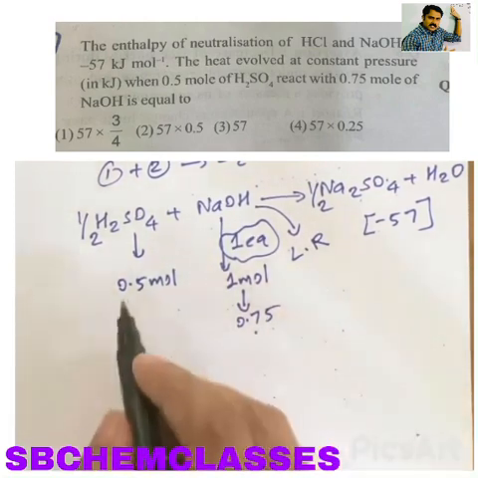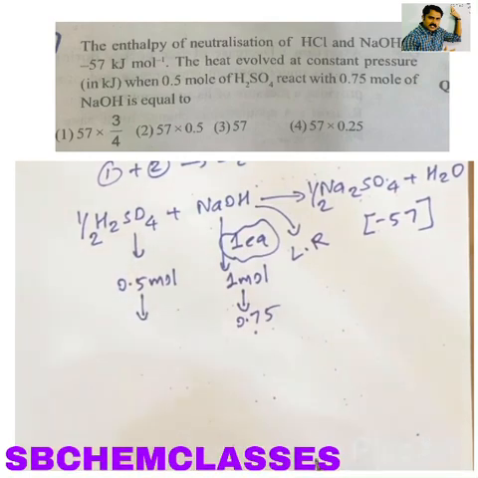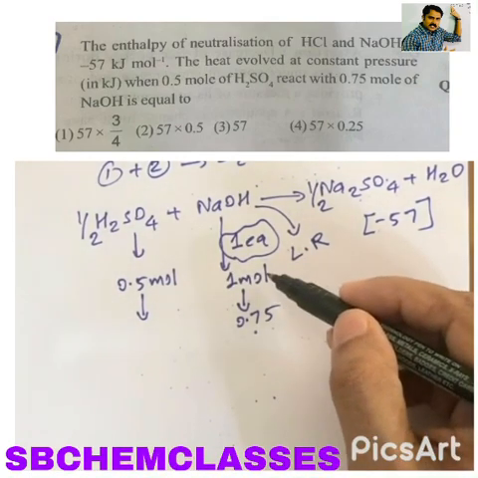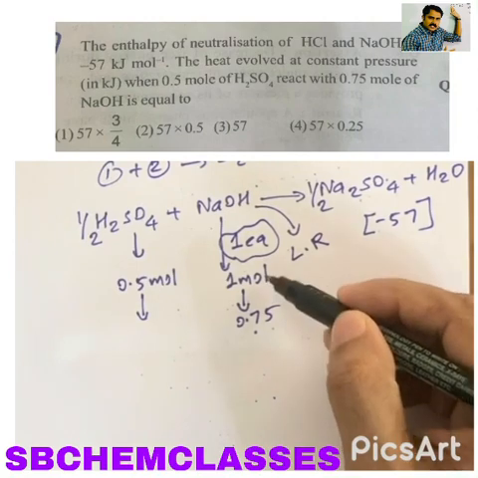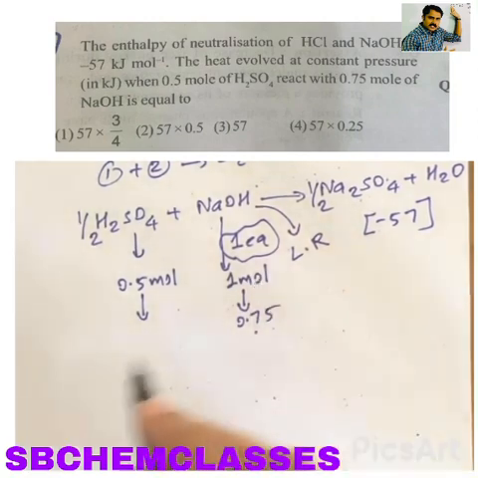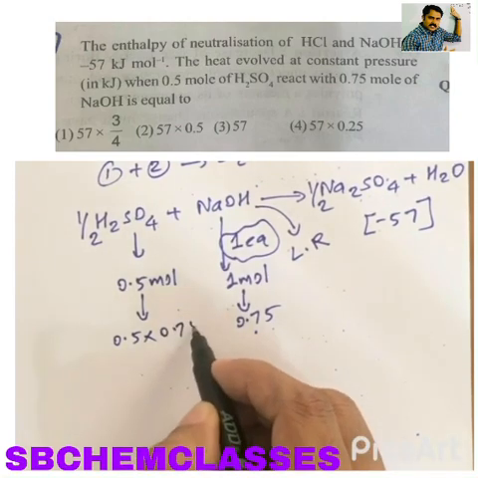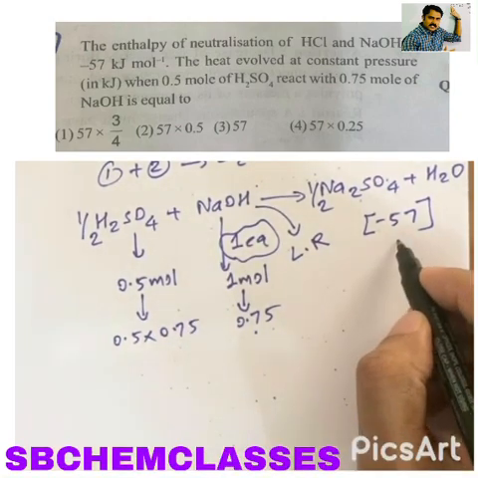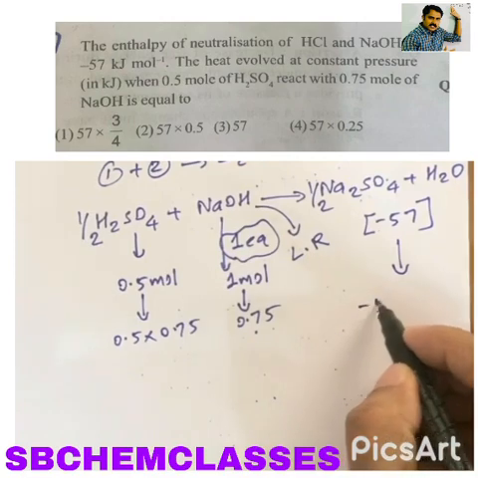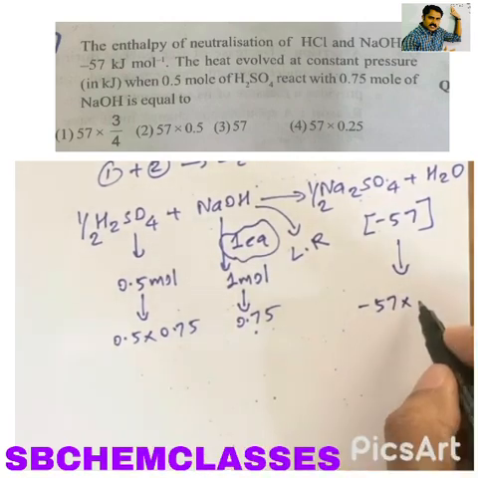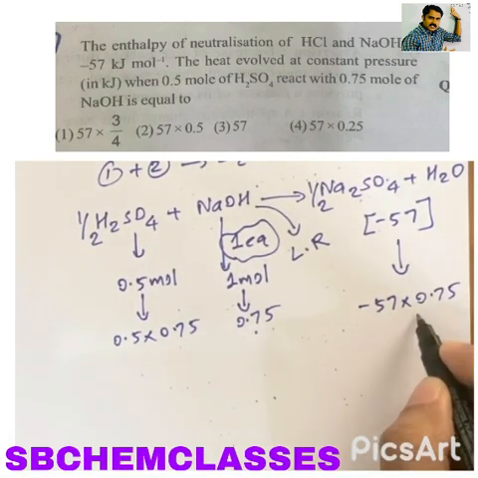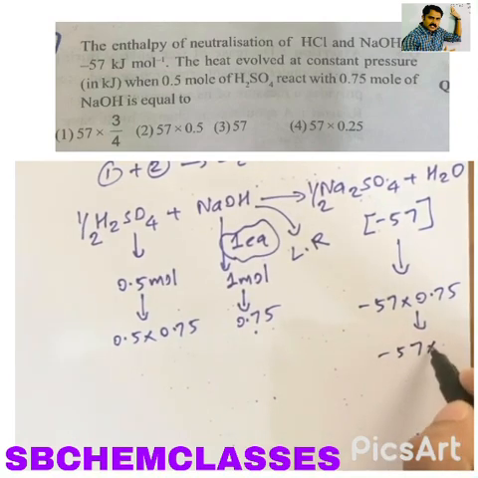So automatically this value is also converted. To convert 1 mole to 0.75, I multiply by 0.75. So here also 0.5 into 0.75. The enthalpy is also multiplied: minus 57 into 0.75, that is minus 57 into 3 by 4.